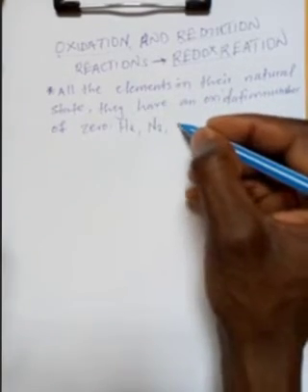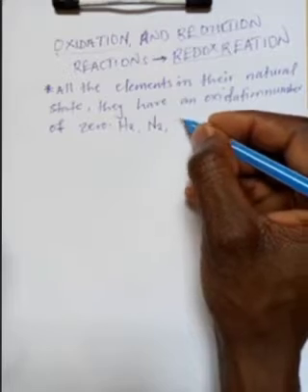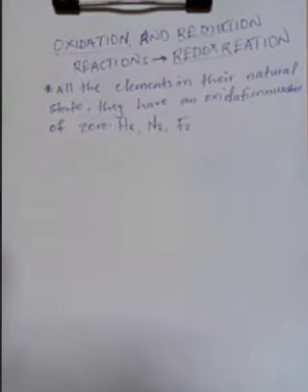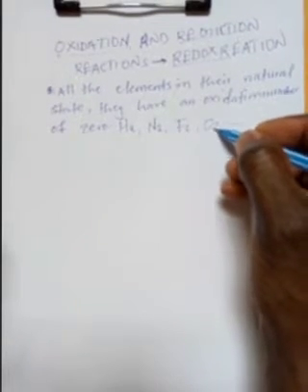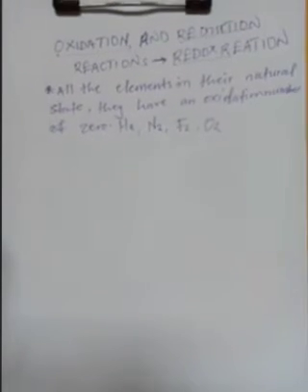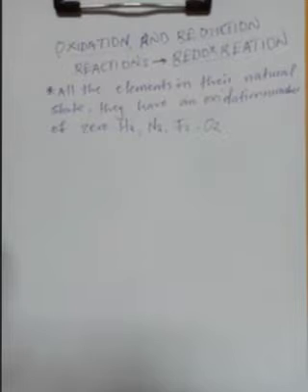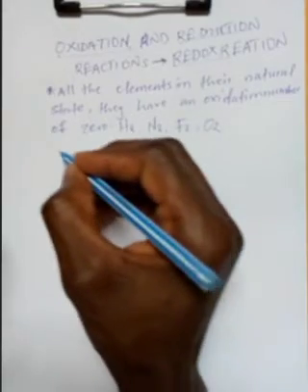We can also have fluorine, or even oxygen itself, if it exists as a diatomic or is in its natural state without combining with any other element, automatically that element has an oxidation number of 0. Okay, so that is the first rule we have to understand.